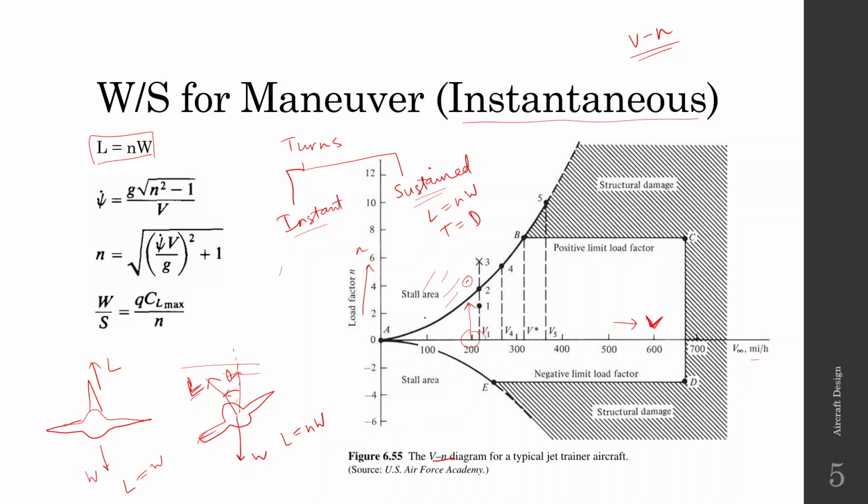So we cannot turn at a load factor of 4. You will also see that on the positive side we can have higher load factors, but on the negative side the magnitude is lesser.